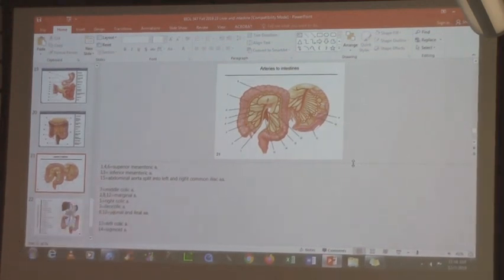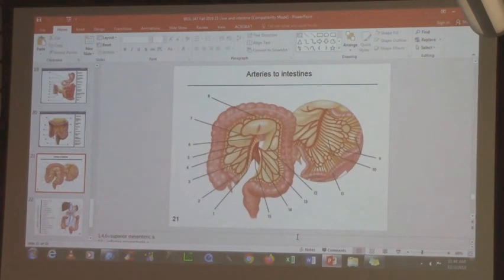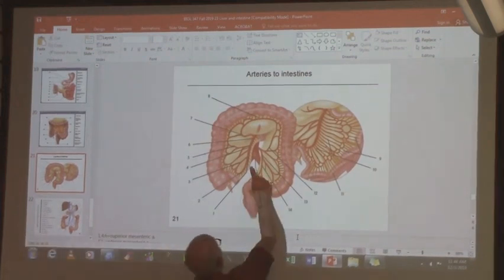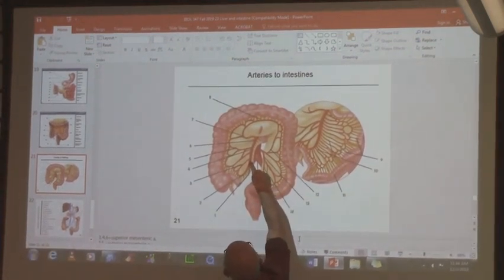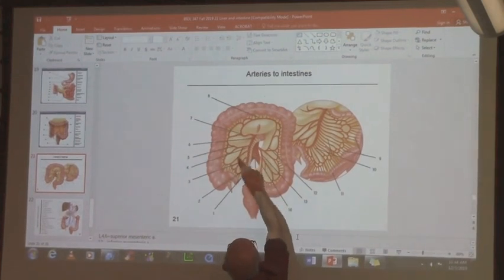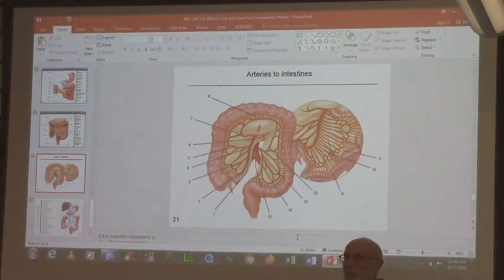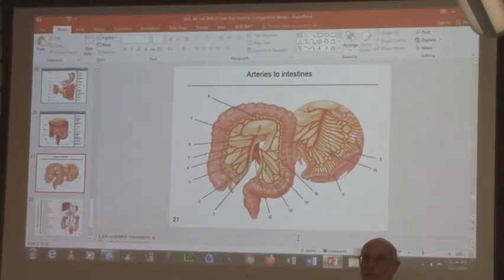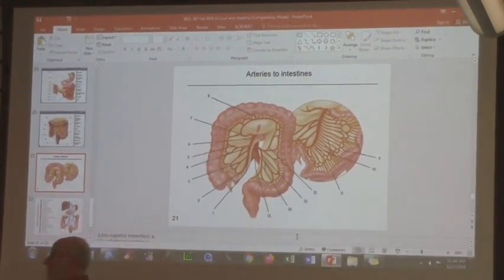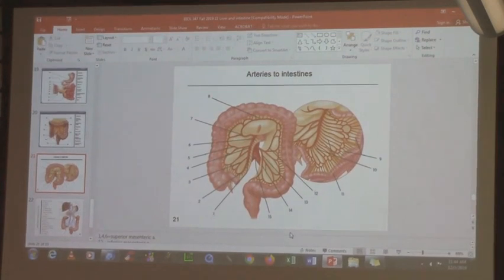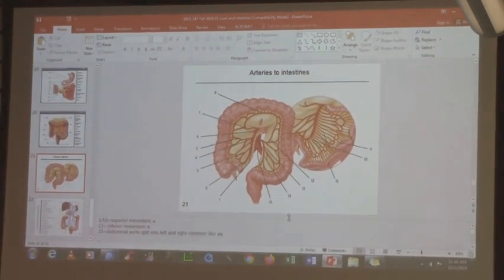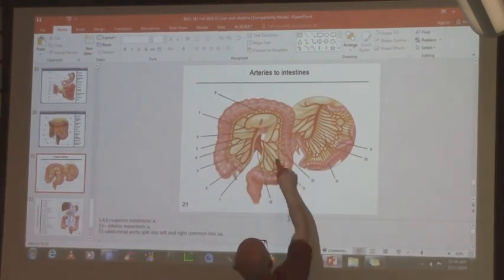One, 4, and 6 are all pointing to the superior mesenteric artery. 13 is pointing to the inferior mesenteric artery.